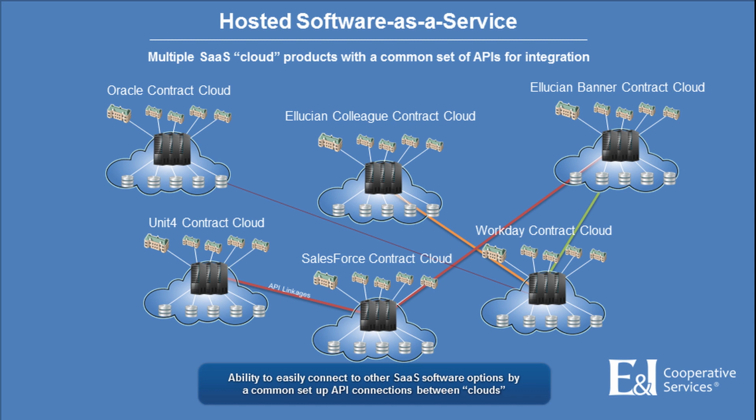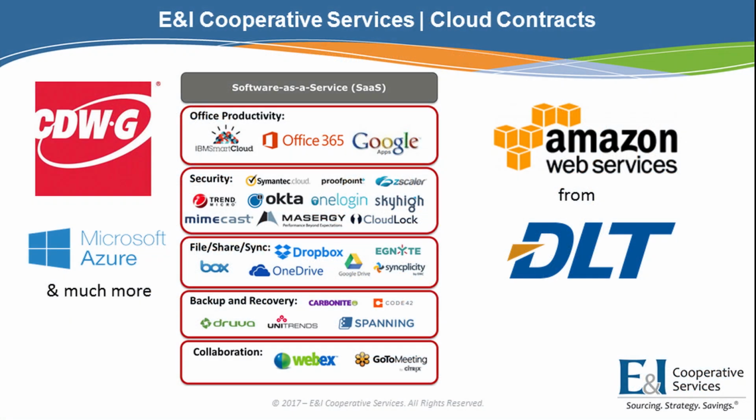We're hoping that as we go along, we will have an offering of many different software as a service contracts. It's very interesting to know that CDWG already has software as a service availability out there.